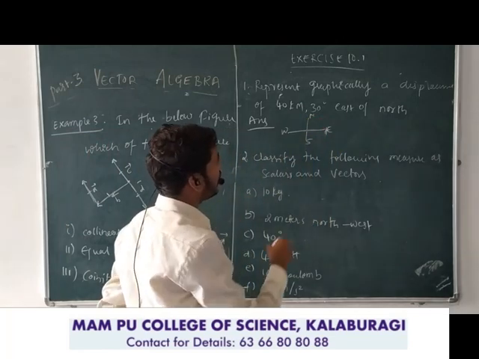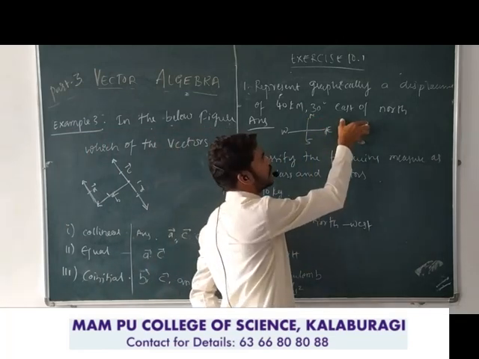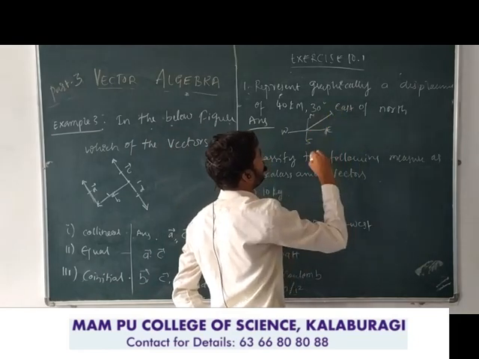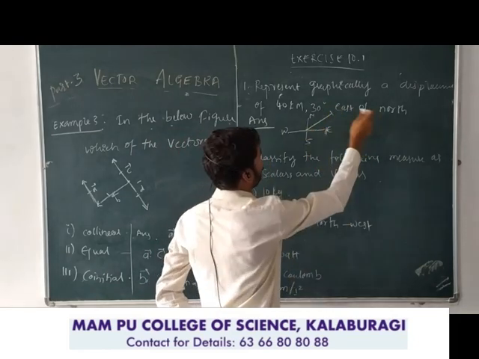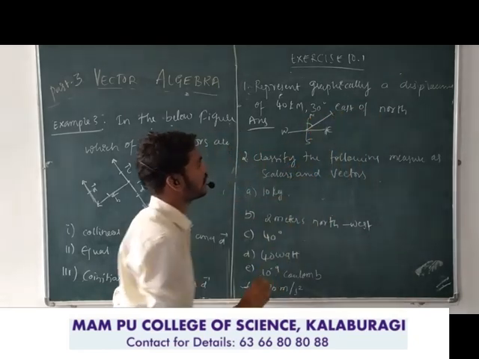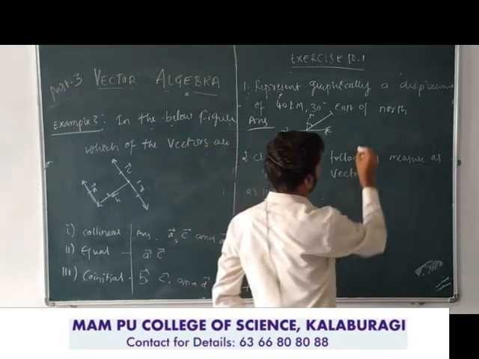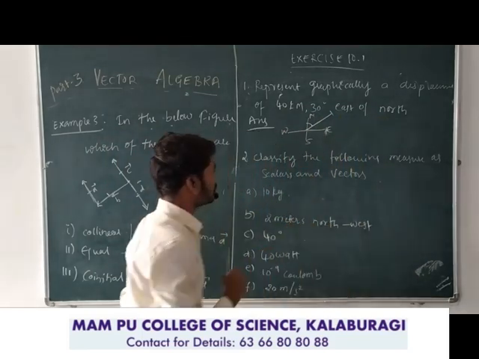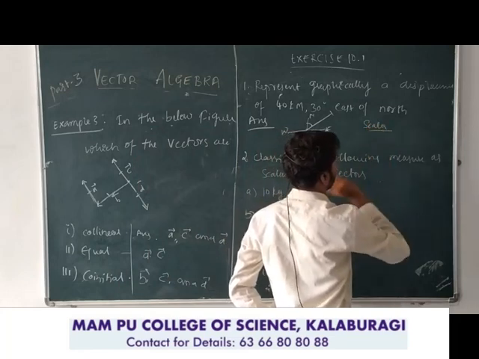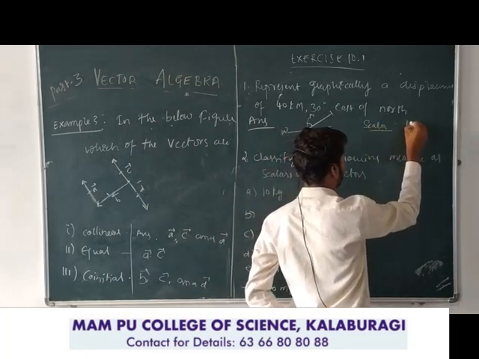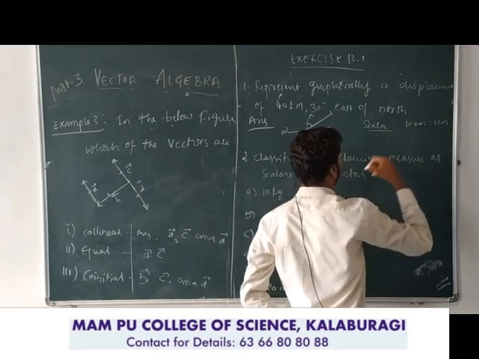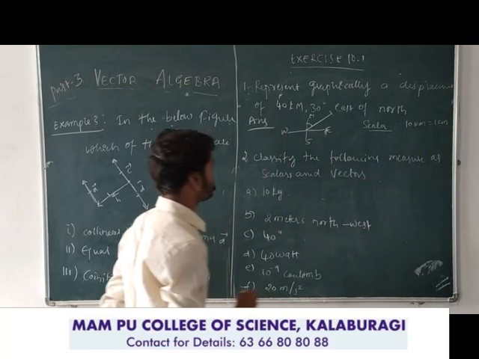Here see the direction: east of north means in this direction they have 40 kilometer, and north of east means come to this. This is 30 degree. The scale we can write: 10 kilometer is equal to 1 centimeter. And come to the second problem.